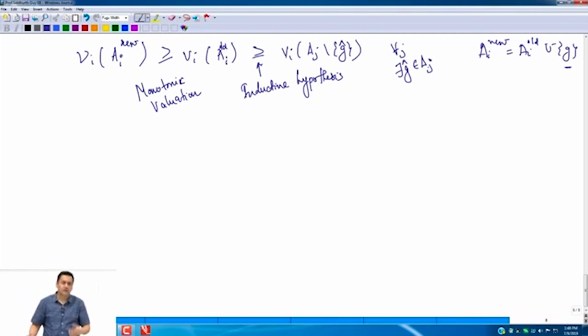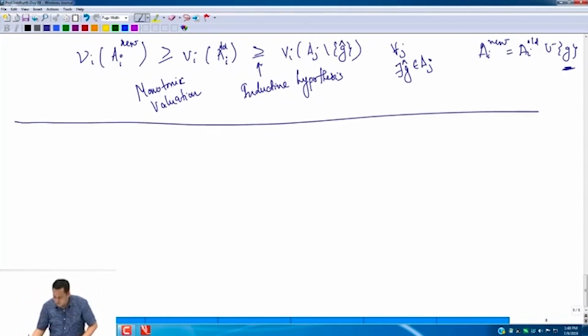This is because before you assign this good g here, you had EF1, and so inductively it kind of marches on. So you had EF1 yesterday, you will have EF1 today, and so on. So that's the sort of simple but crucial observation.